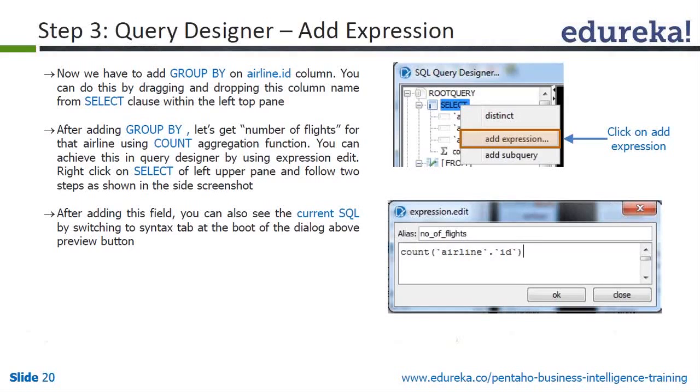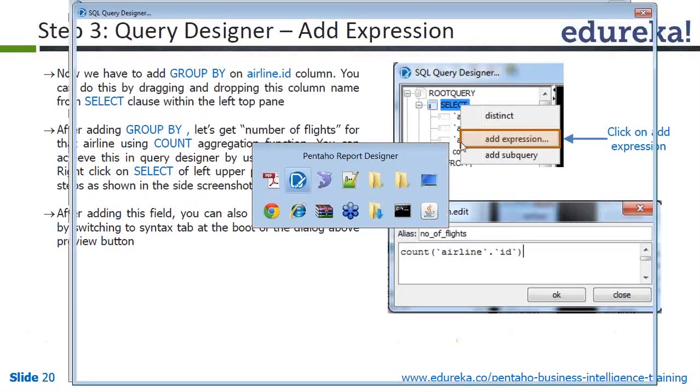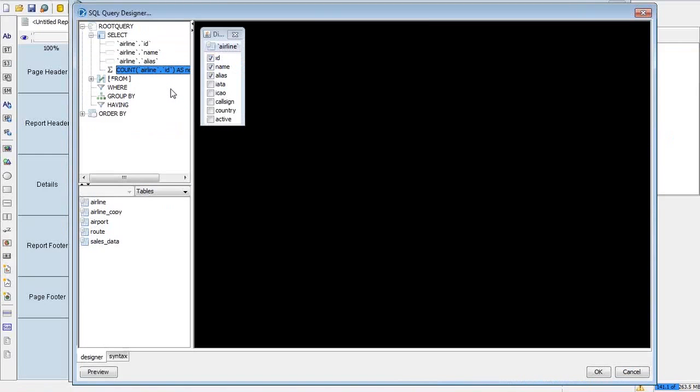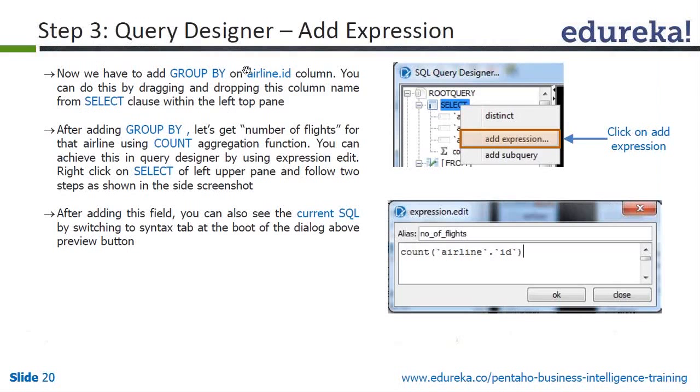So here we want to add group by based on airline ID. So there can be multiple IDs for the route. Okay, hold on. Our problem statement is: generate report containing total number of flights per airline. Okay, the problem statement is a little incomplete.